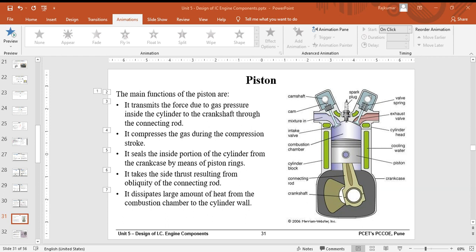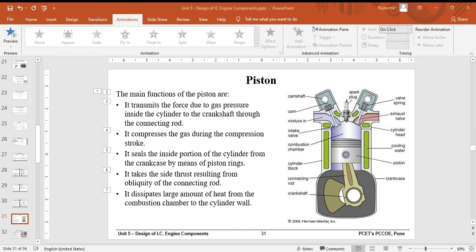Then piston rings act as a seal, as I mentioned, and prevent the leakage of gas past the piston. They are also called compression rings, and generally these are in the upper grooves in which the piston rings are placed. Then the bottom ring grooves are where the oil scraper rings are placed, and they prevent the leakage of lubricating oil past the piston into the combustion chamber.